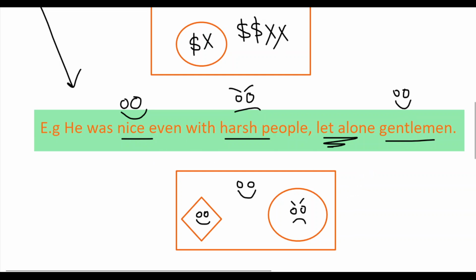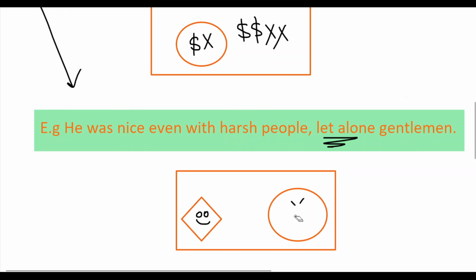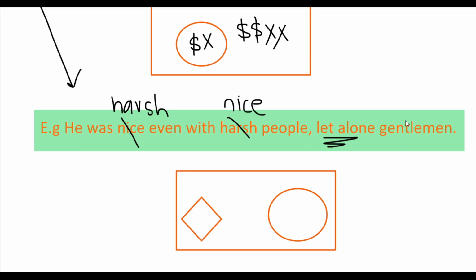So I can shift this whole diagram, the overall logic, by simply shifting everything. I could say, hey, he was harsh or cruel even with people who were nice to him, let alone people who were cruel or harsh just like him.